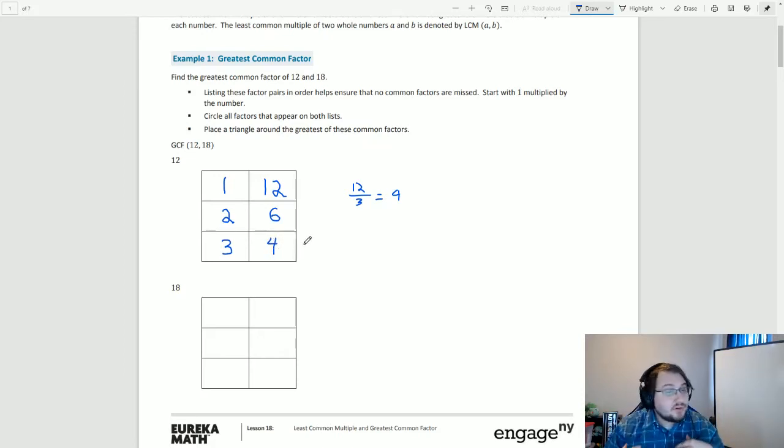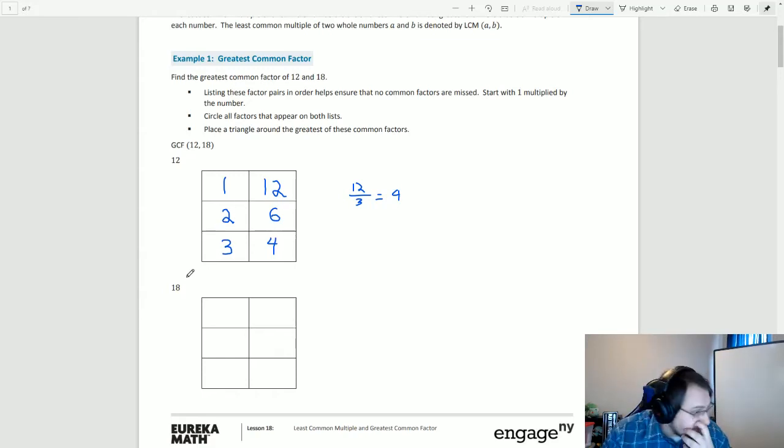And then from here, we would continue, but the next number is 4, and 4 is already on our list. So once we come across a number that's already on our list, that signals a stopping point, because if I continue going up, I'm just going to run into numbers that I've already run into.